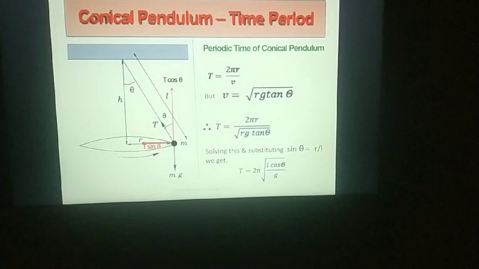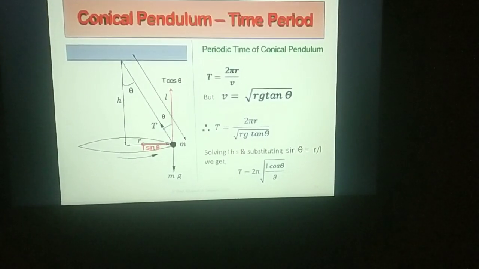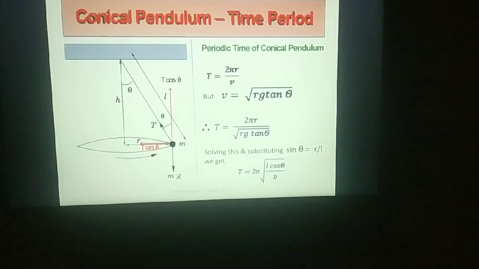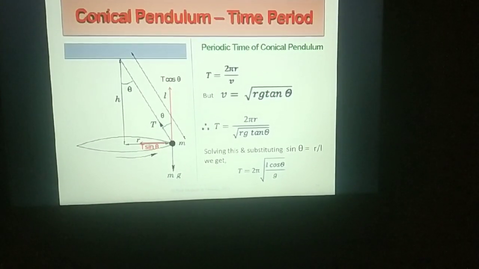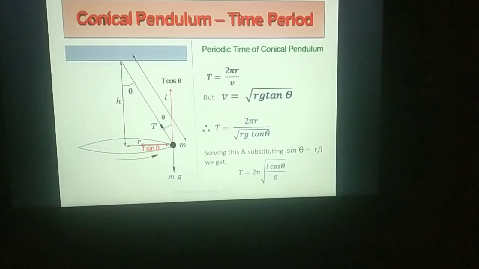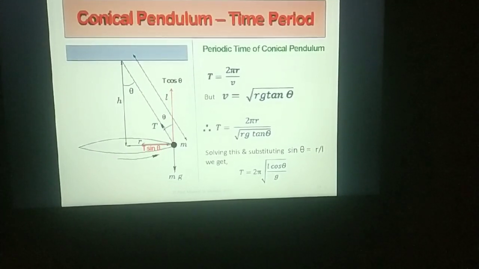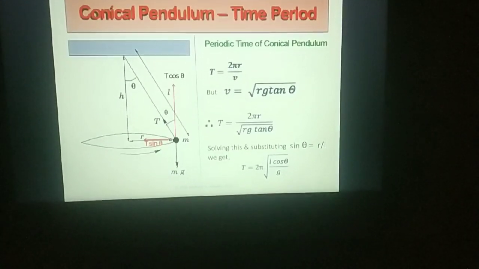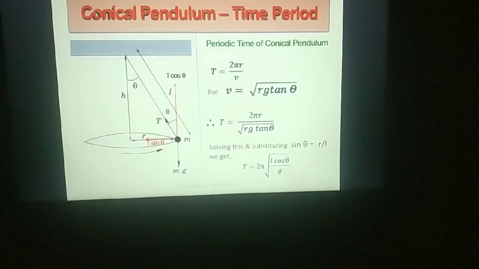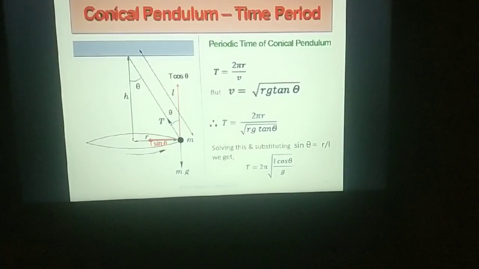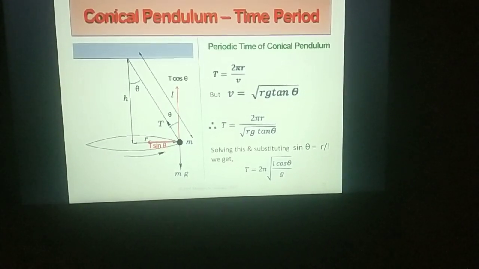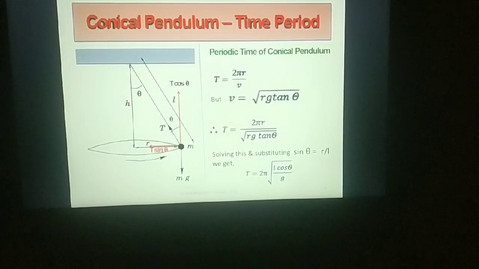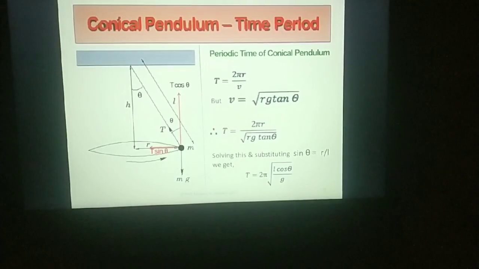Similarly, here you can solve by substituting sin theta equal to r upon L. So we can get the expression T equal to 2 pi square root of L cos theta upon g. Tan theta you write as sin upon cos, in the next step: T equal to 2 pi r upon square root of rg.